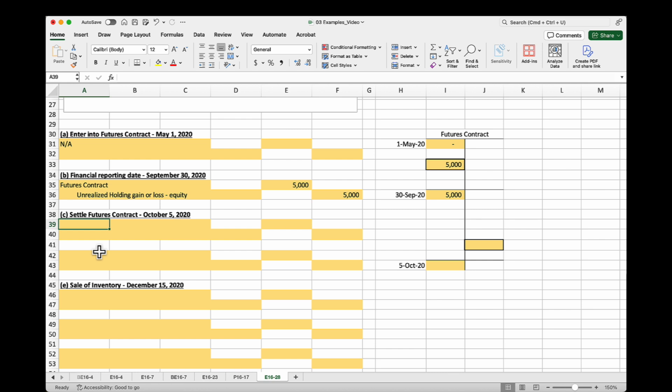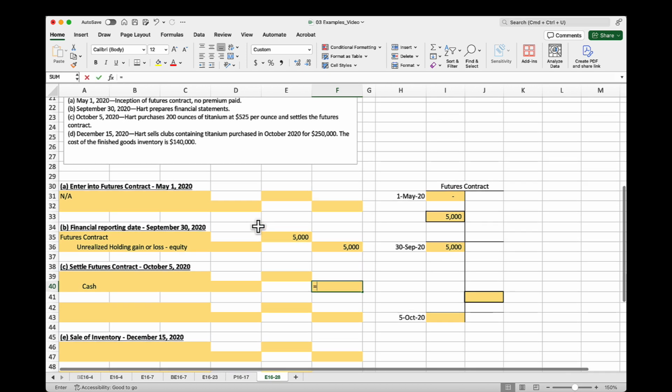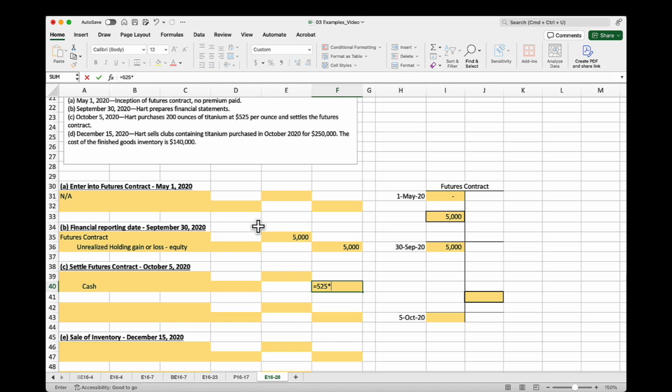So when you buy inventory, you're going to pay cash. They told us the amount of cash out the door is 525 times 200 ounces, and we're going to put that in inventory.